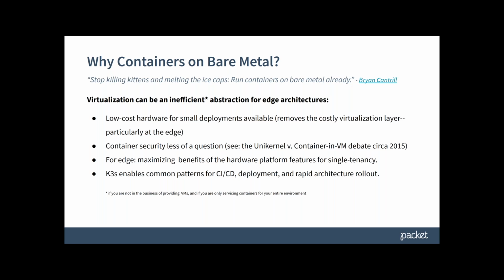And I'll talk more about Packet specifically, but why containers on bare metal, why Kubernetes on bare metal, and particularly for a K3s strategy, having low cost but powerful hardware in these edge data centers allows you to maximize your resource benefits, the hardware platform benefits.